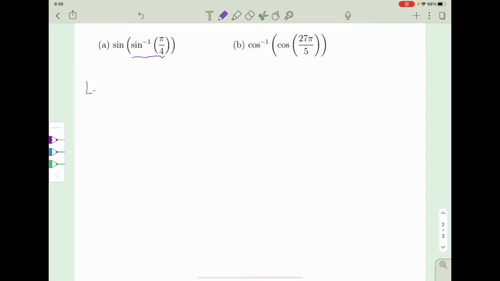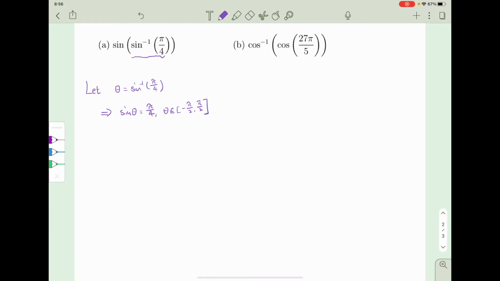So we will let theta equal to this inverse function of pi over 4, and by our definition, we will have sine theta equal to pi over 4, where theta is an angle selected from this interval from negative pi over 2 to pi over 2.